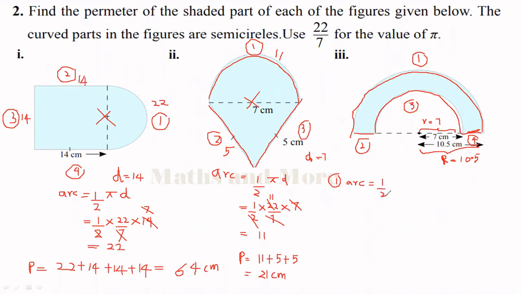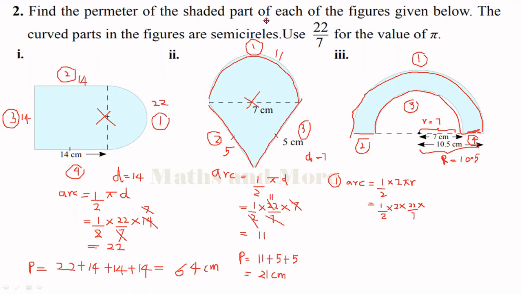Pi means 22/7. Radius of the bigger circle is 10.5.